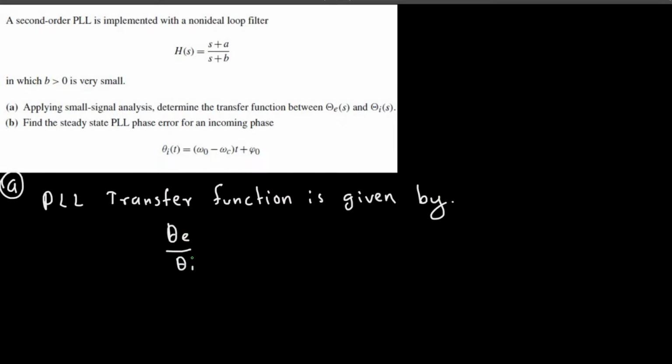The PLL transfer function is given by theta e over theta i, where theta e is calculated using Kp Kv times h of s, and theta i is s plus Kp Kv h of s.